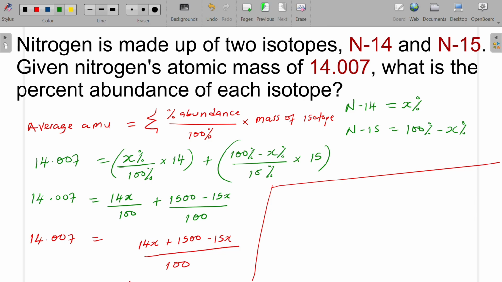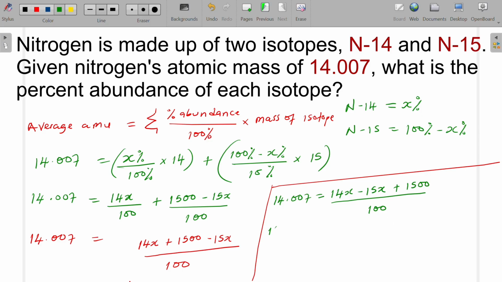We still have 14.007 being equal to, on the other side, we're going to bring like terms together. So we have 14x, then minus 15x, added to 1500, and this whole thing will be divided by 100. So that's what we have there.